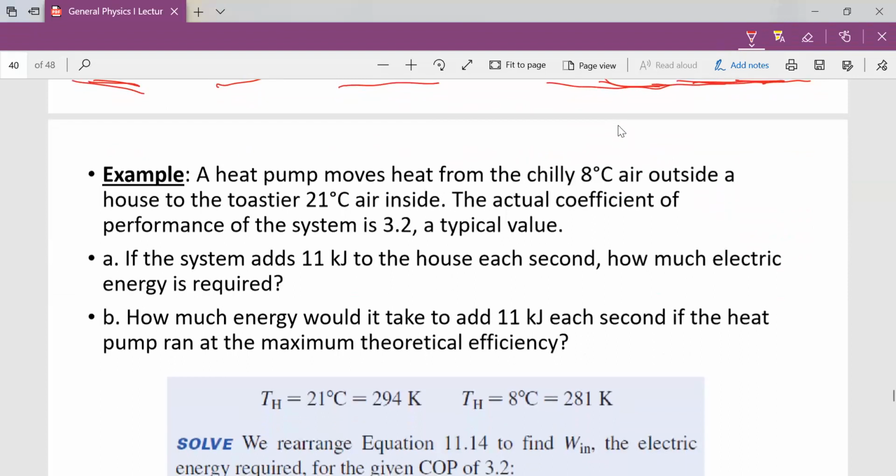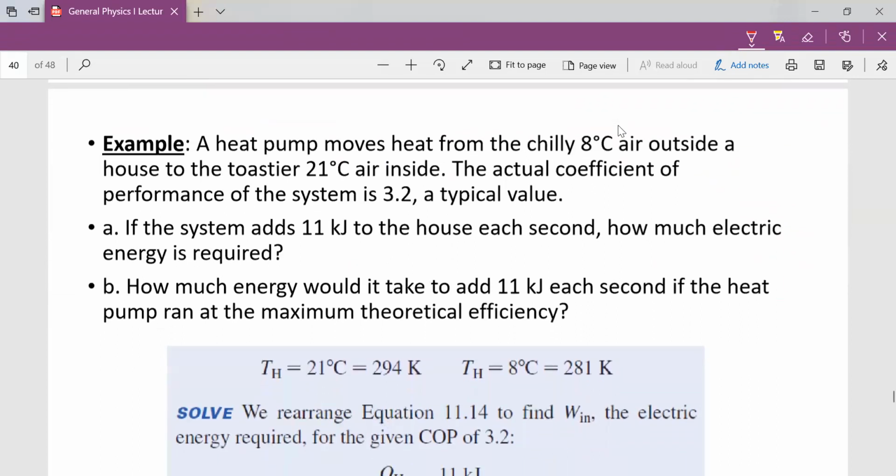All right, so let's look at the last example. A heat pump moves heat from the chilly 8 degrees Celsius air outside a house to a toasty 21 degrees Celsius air inside.